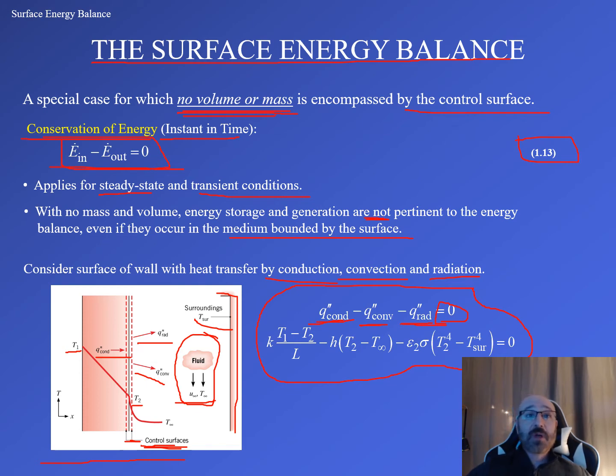We plug those in. We have our k times our T1 minus T2 over L, so our change in temperature over the length times the thermal conductivity is equal to minus our h value times the temperature difference between T2 and T infinity. Now let's take a look. Before, we looked at this governing equation, but we really didn't relate it to a practical diagram. So what is our T2? What is our T infinity? Well, here's our T2 right there.